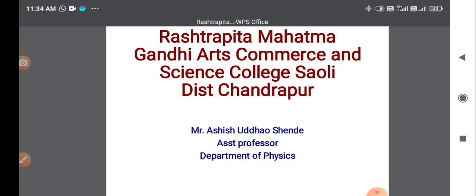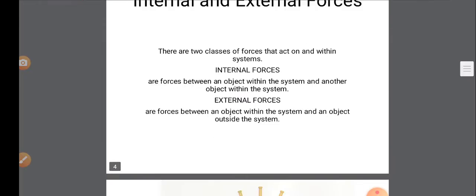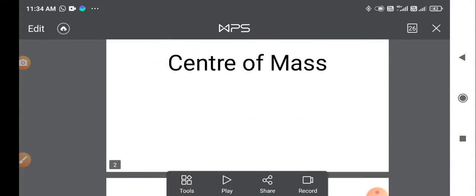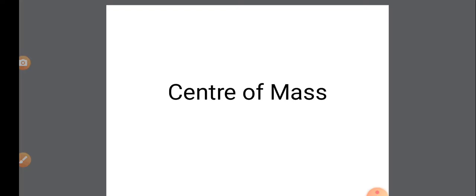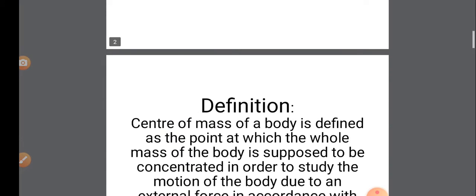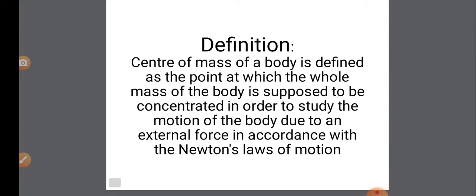Today I am going to explain the second topic of this bridge course, center of mass. We know Newton's laws of motion, the first, second and third laws. Initially, we started from the definition of center of mass.